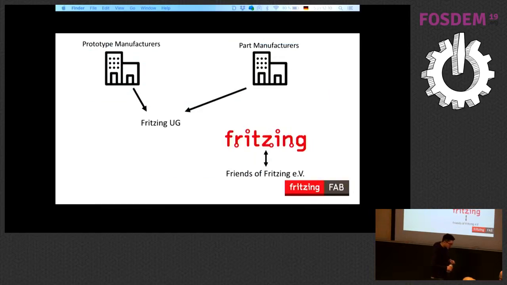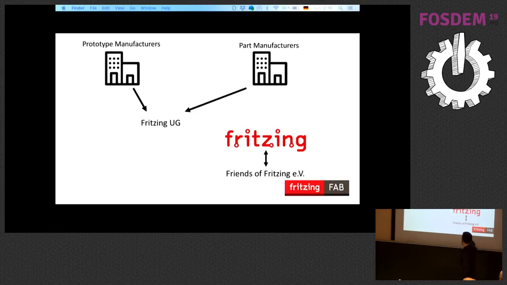What I noticed during the investigation is that there is a flaw in the legal structure of Fritzing. And what is, for me, really important is that something like this does not happen to, let's say, KiCad. So what happened here? On the left, we have the Fritzing UG, which is a German limited liability company.